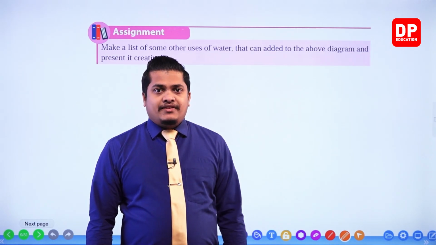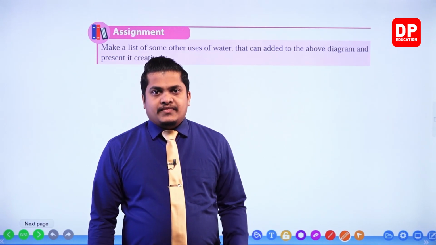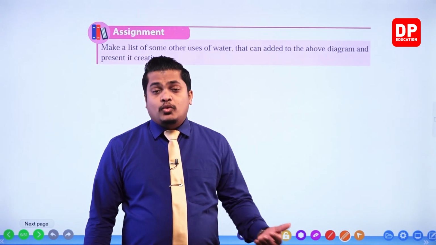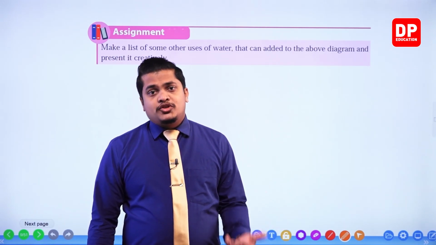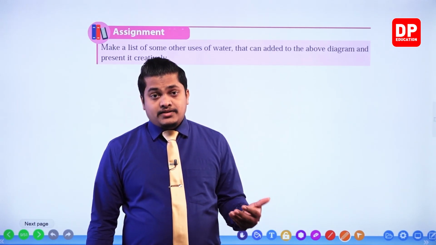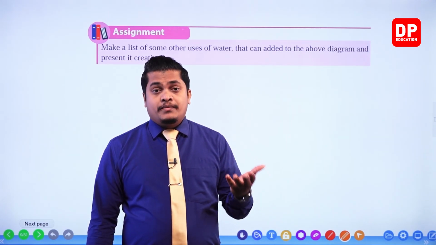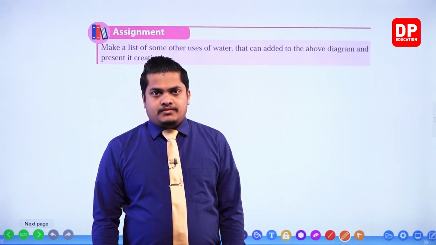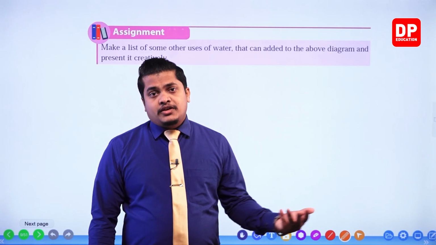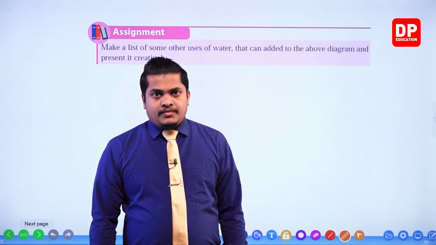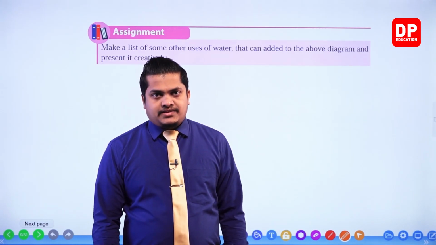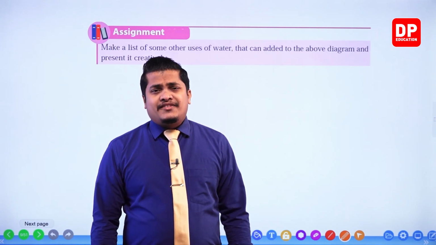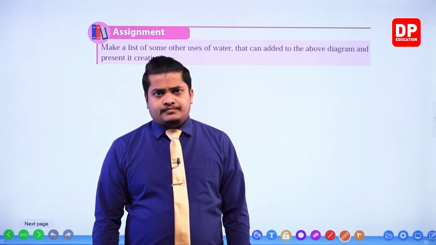So in day-to-day life, we use water in cooling vehicle engines, like the radiators, my dear children, and also in different machines we utilize water to cool down those things. And to put out fire we utilize water because of that high specific heat capacity. In that way there are different uses of water.